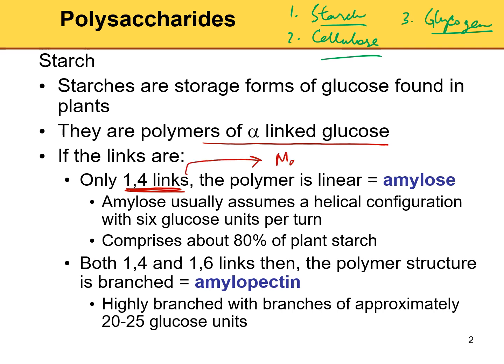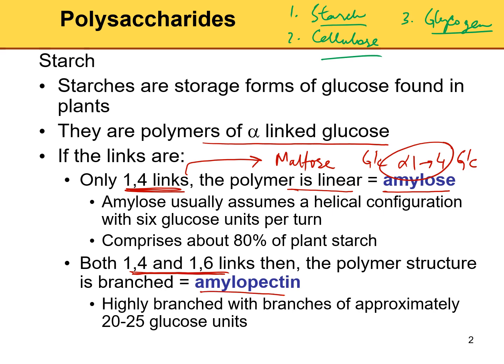Remember, the disaccharide maltose had glucose alpha 1,4 glucose. So you can have 1,4 linkages, and this polymer is linear, and we call it amylose. Then you have another set of linkages, 1,4 and 1,6, and this is called amylopectin, and the polymer is actually branched. So starch is composed of two kinds of polymers.